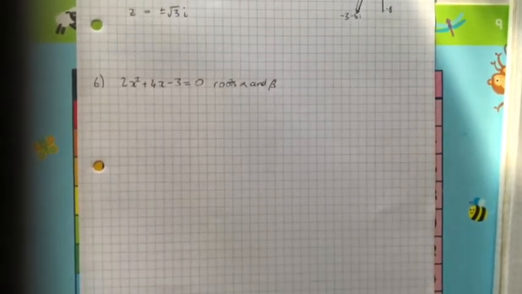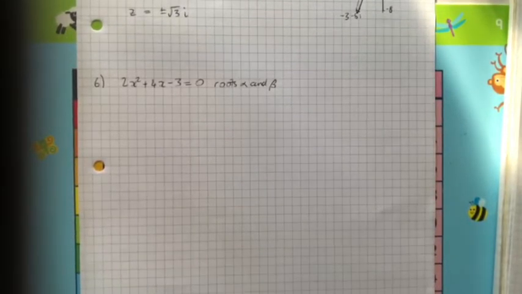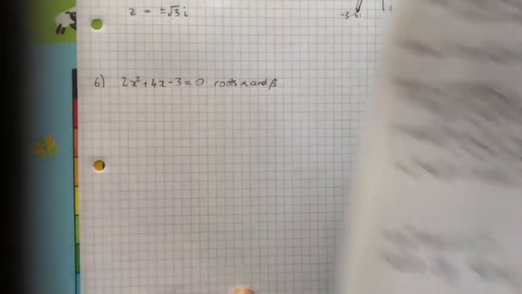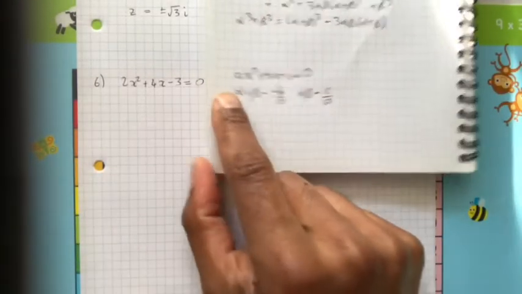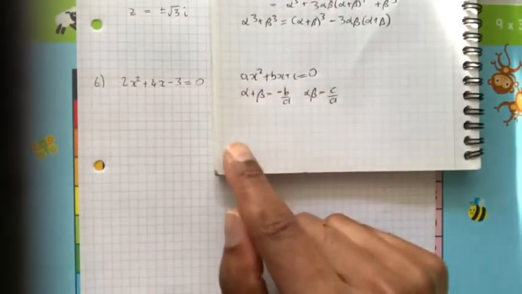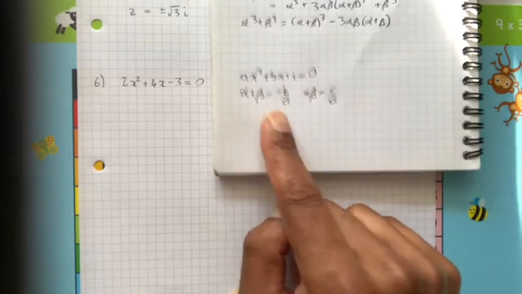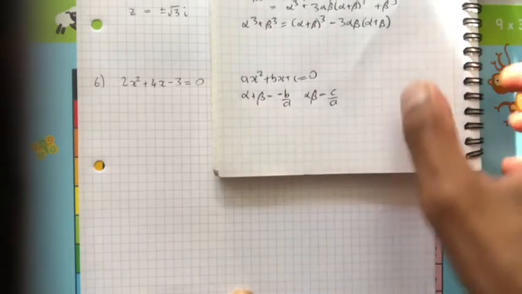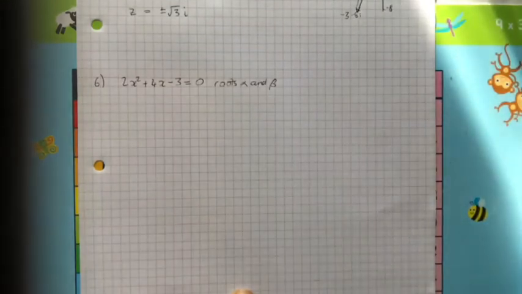Right, question 6. So 2x squared plus 4x minus 3 equals 0 has roots alpha and beta. So without solving the quadratic equation, we want to find a few things. So firstly, we need to know about our roots. In ax squared plus bx plus c equals 0, alpha plus beta equals minus b over a, and alpha beta equals c over a.